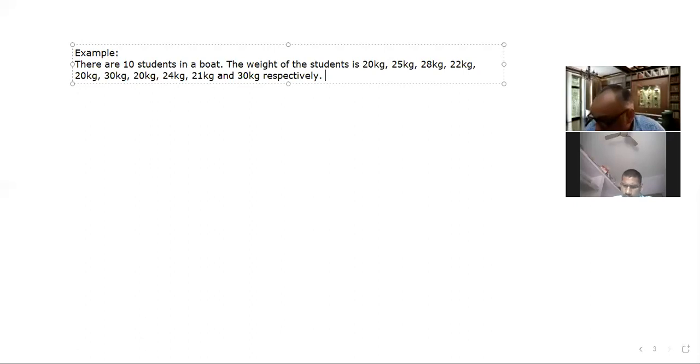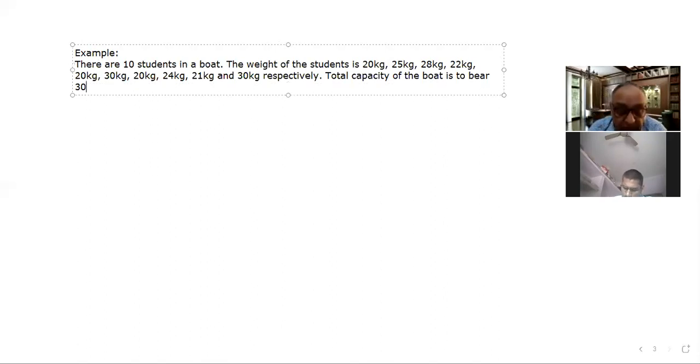Okay, so now the total capacity of the boat is to bear, we can say, 300 kilogram of weight, right?